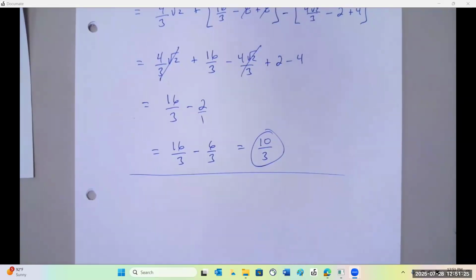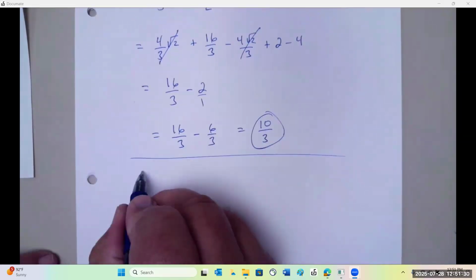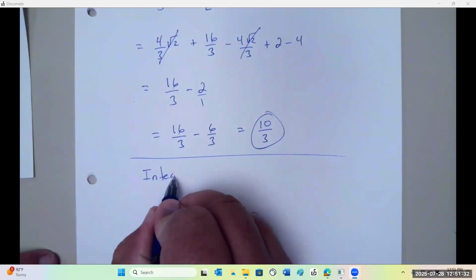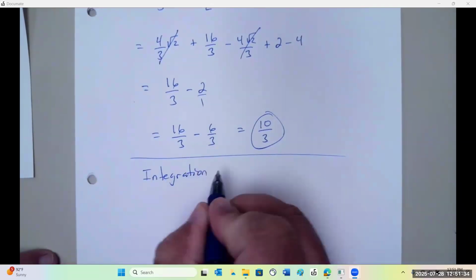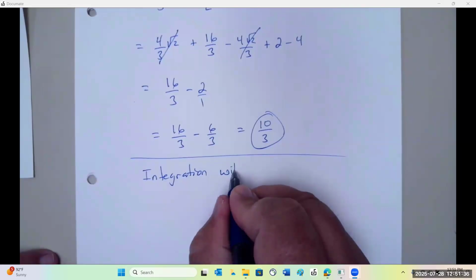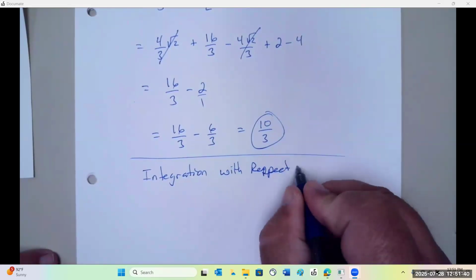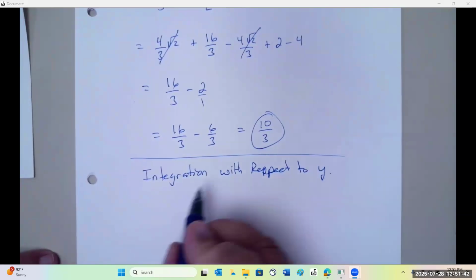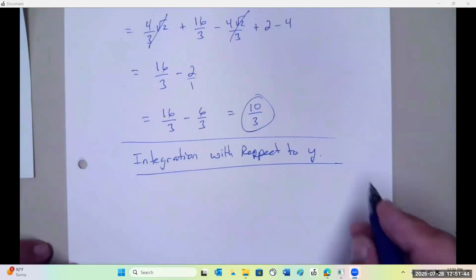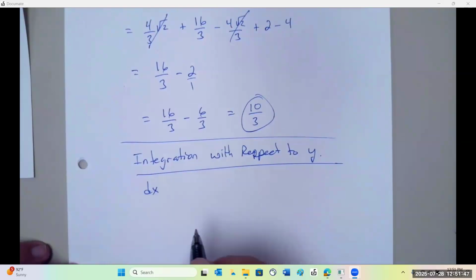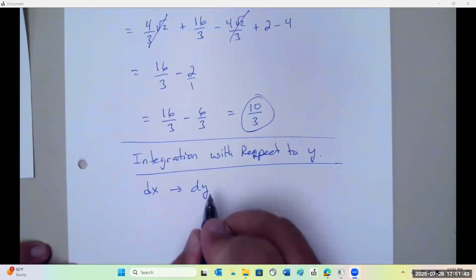Everybody okay with that? Now we're going to change directions. Integration with respect to the y-axis. Instead of taking dx, we're now going to take dy.